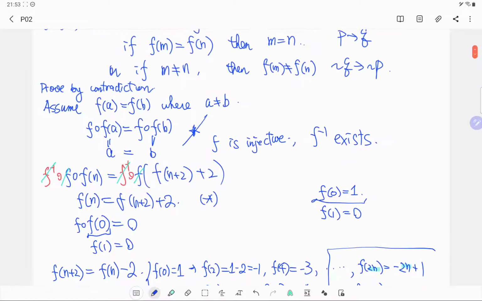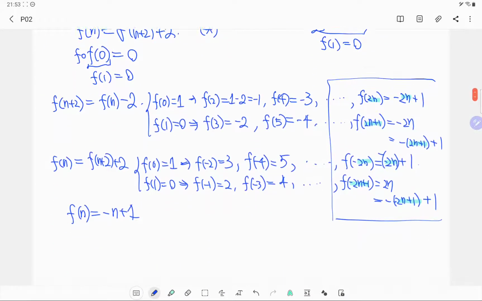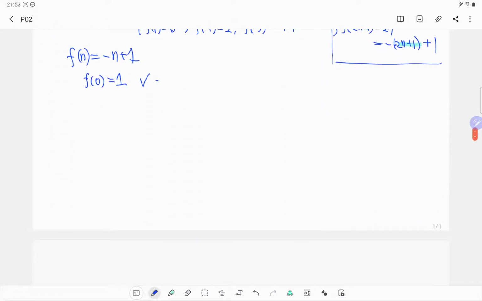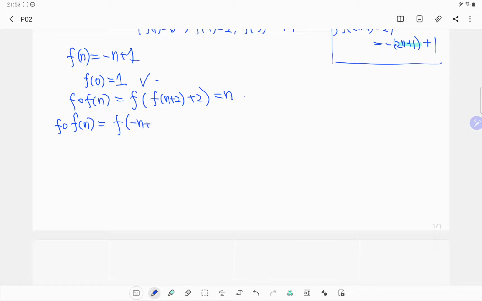Finally, we can just check whether this fits f(0) equals to 1. So this is good. And then we still need to check whether f(f(n)) equals to f(n+2) equals to n. So f(f(n)) is f(-n+1), which equals to minus (-n+1) plus 1, which is n.